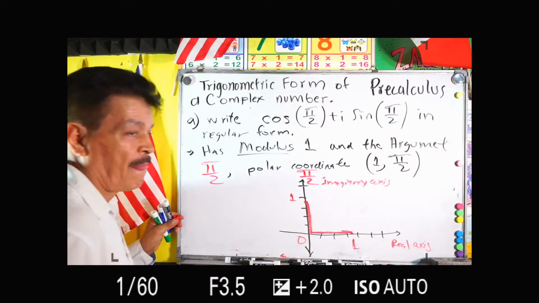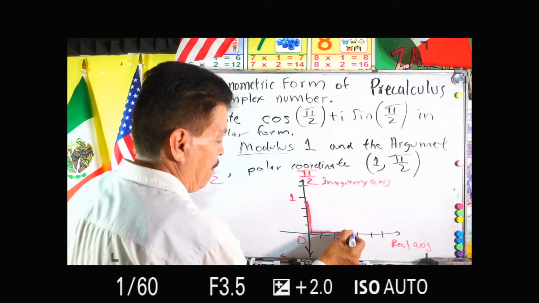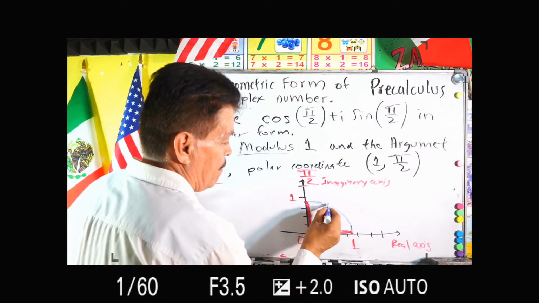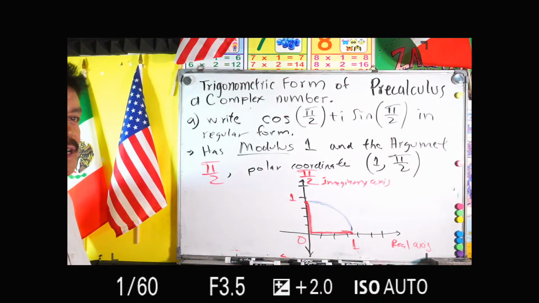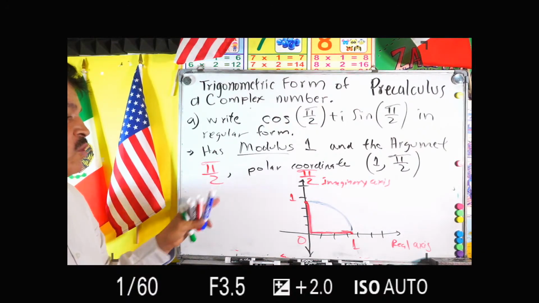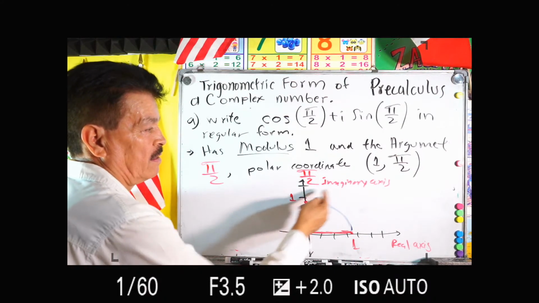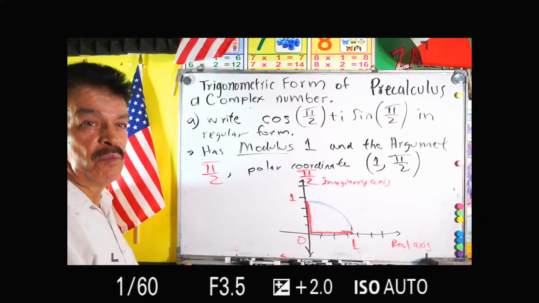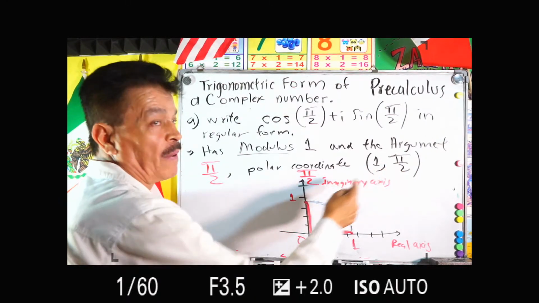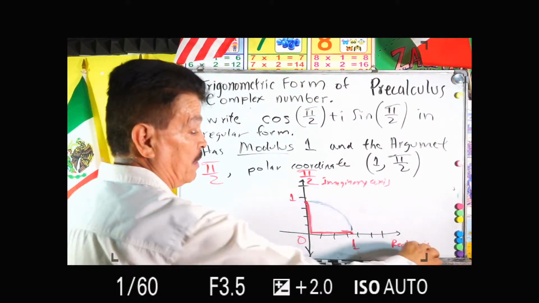This is 0. So you have to move up in this way, along the imaginary axis. That's why I'm talking about the polar coordinates. The modulus is 1. So the point with polar coordinates 1 comma pi divided by 2 represents the imaginary number.